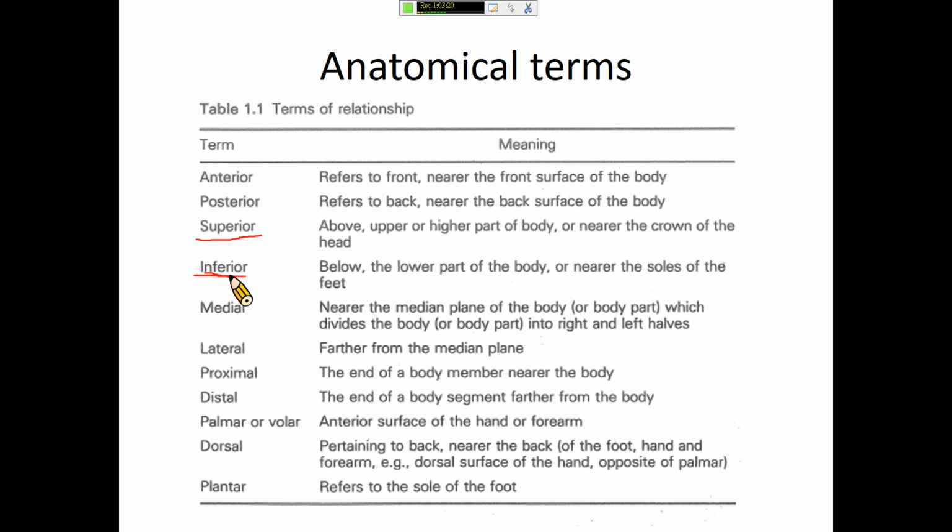So if I want to describe when I play basketball, somebody pulls my arm this way, how do you describe it?